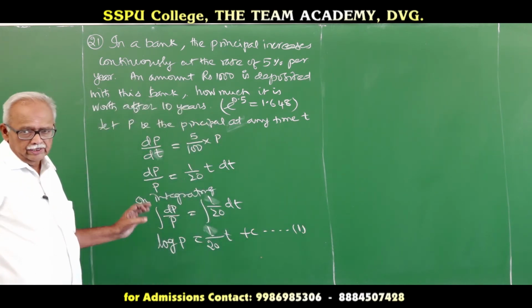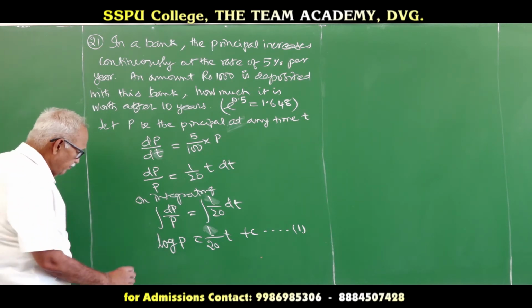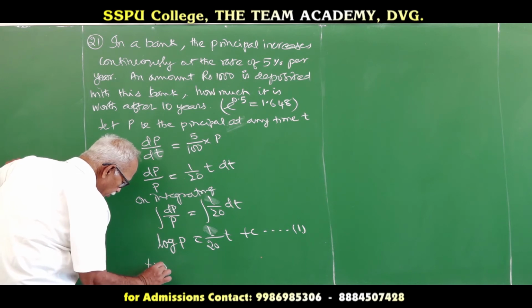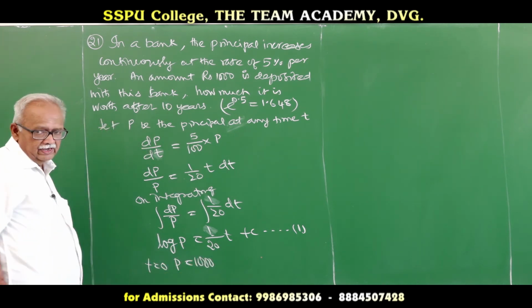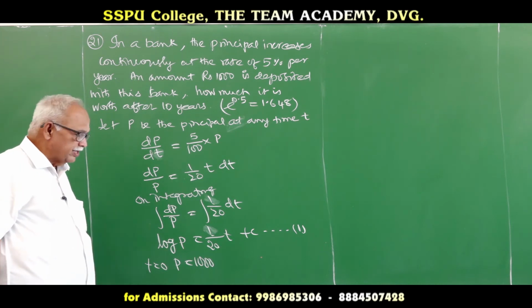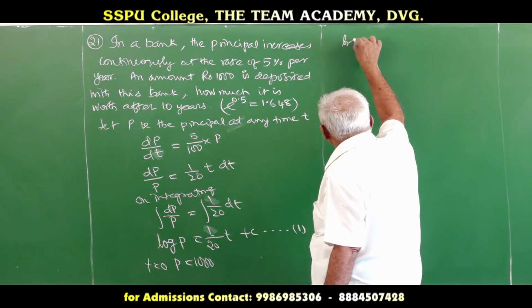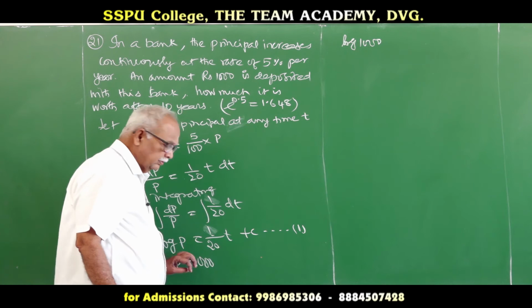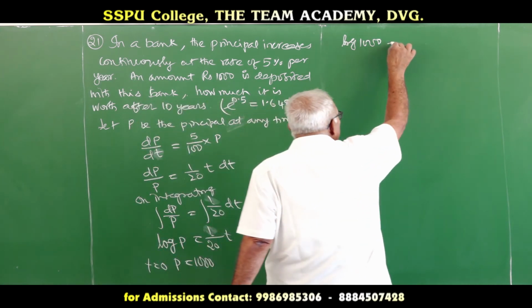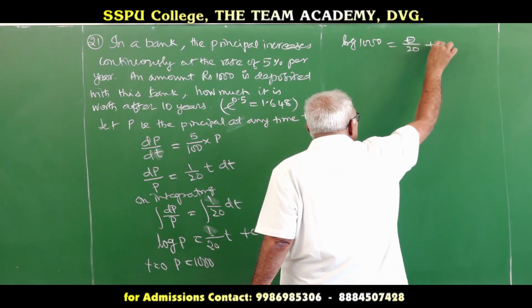Now, we have to get two conditions for this. What are the conditions here? When t is equal to 0, the principal is 1000. When you substitute this in equation 1, we get log 1000 is equal to 0 by 20 plus c.